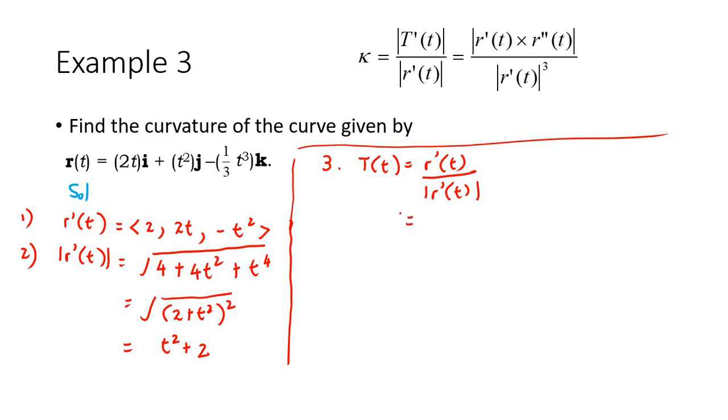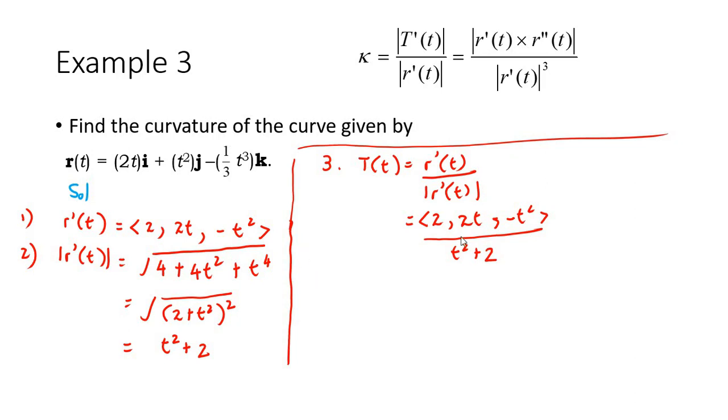So r prime t we have here 2i plus 2tj minus t squared k, divided by the magnitude of r prime t, which is t squared plus 2. If the magnitude of r prime t is a function of t, we prefer to use this formula: r prime t cross r double prime t divided by the magnitude of r prime t. But here we'll show you two versions.